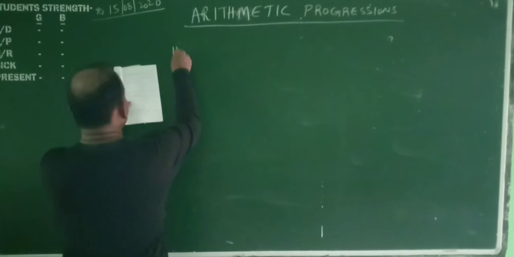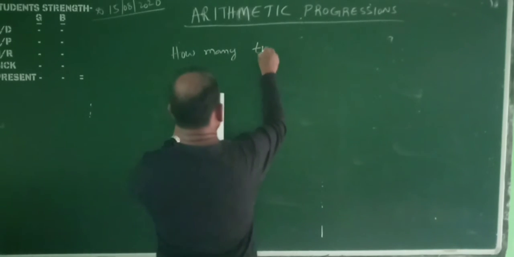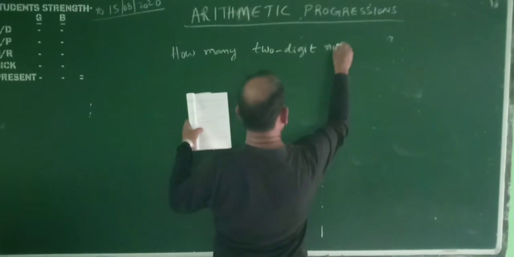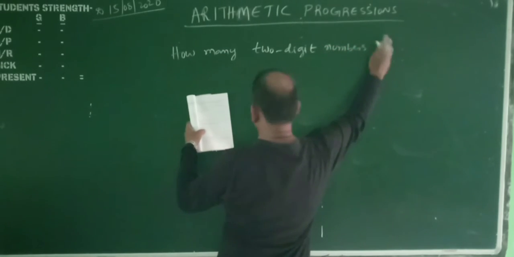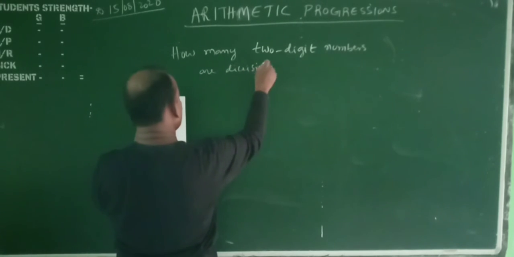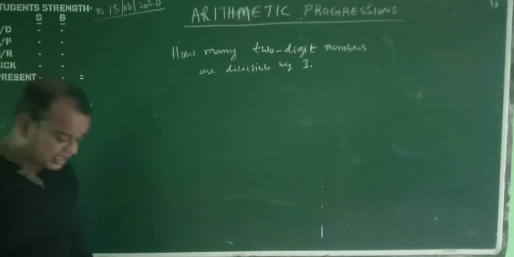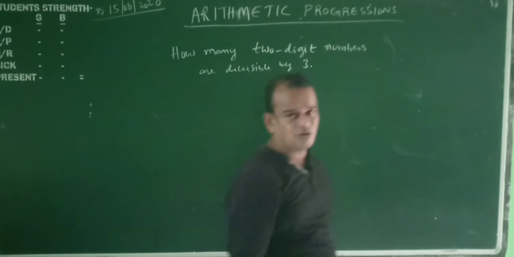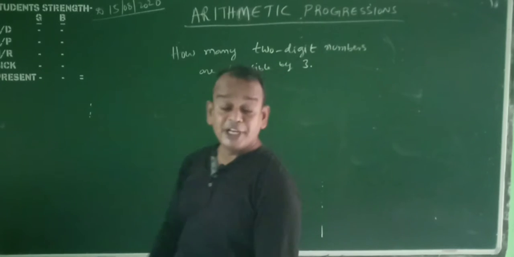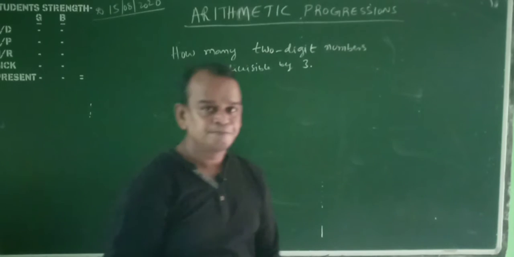How many 2-digit numbers are divisible by 3, not divisible by 3, divisible by 4, divisible by 5, divisible by 6, whatever it may be? How many 2-digit numbers are divisible by 3? How many means you will find the number n.